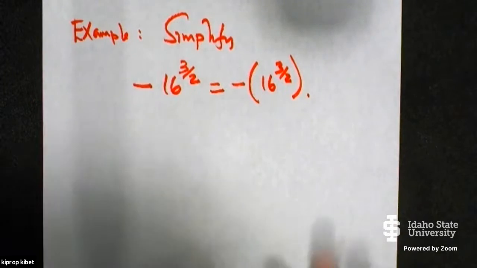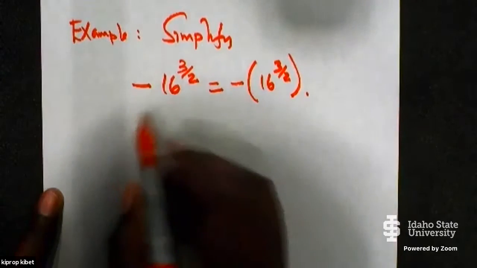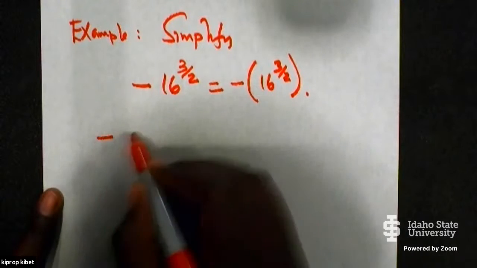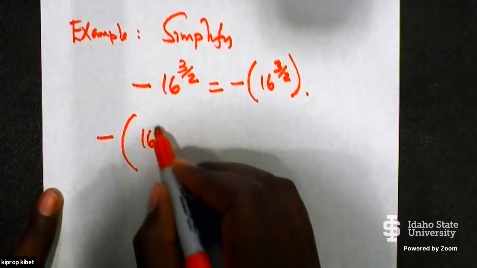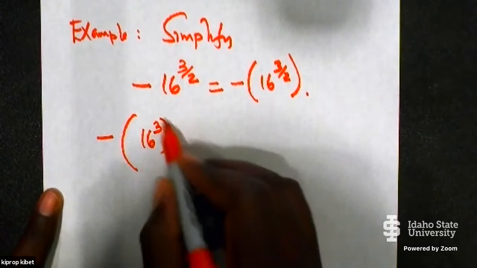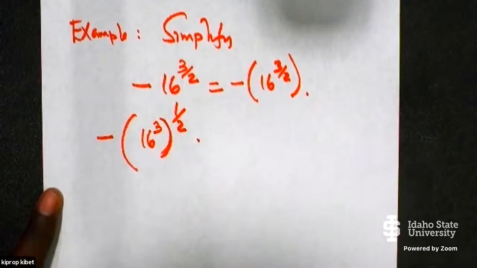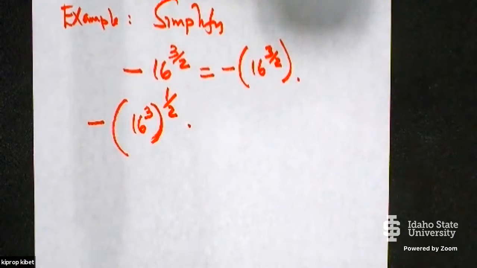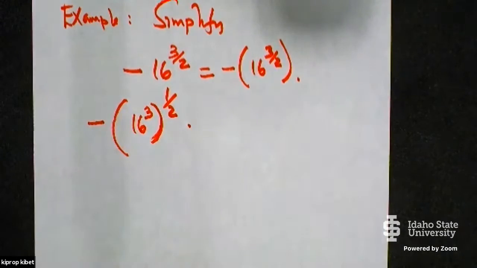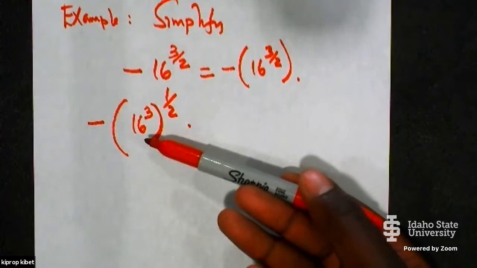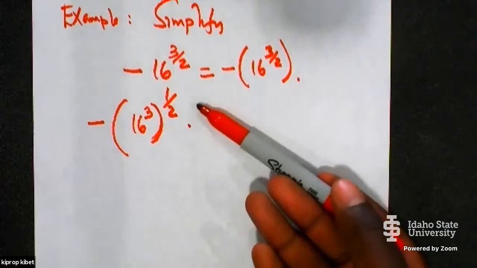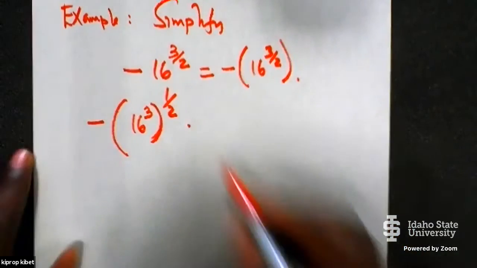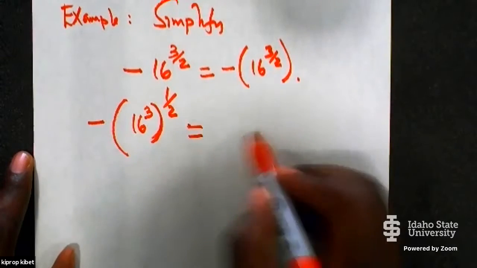Again, we can still write this as negative 16 cubed, all this raised to 1 over 2. Or to make it simpler, because it might be hard to find the cube first then the root, what you do is start by solving the root.